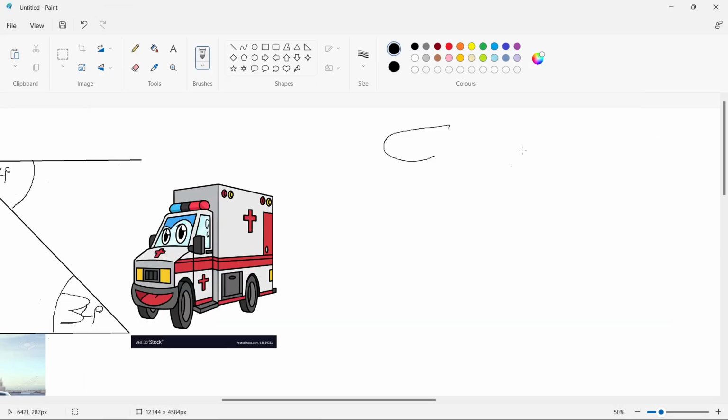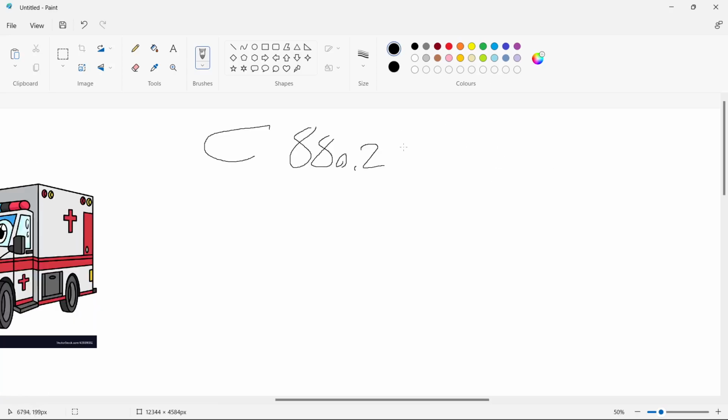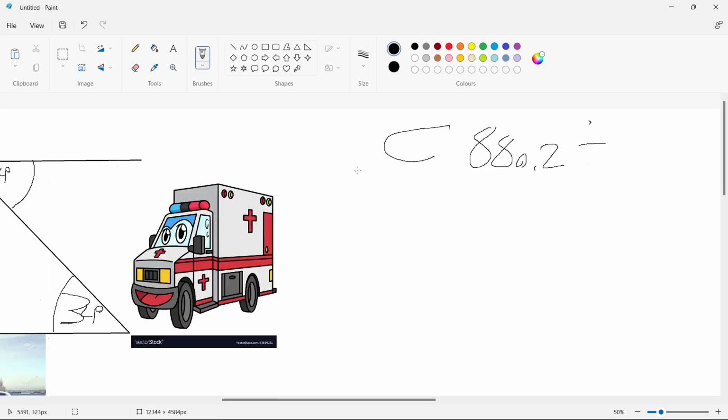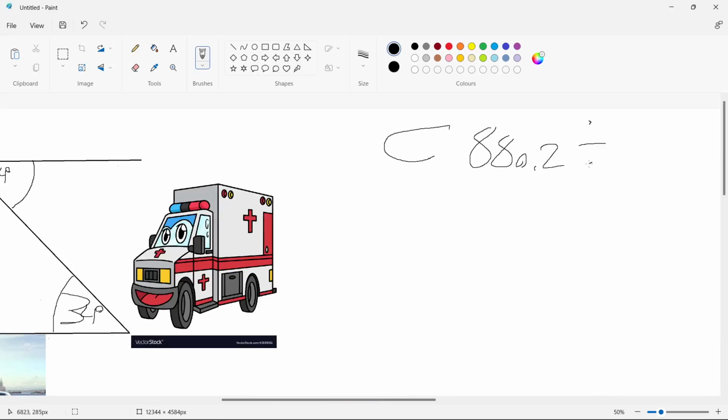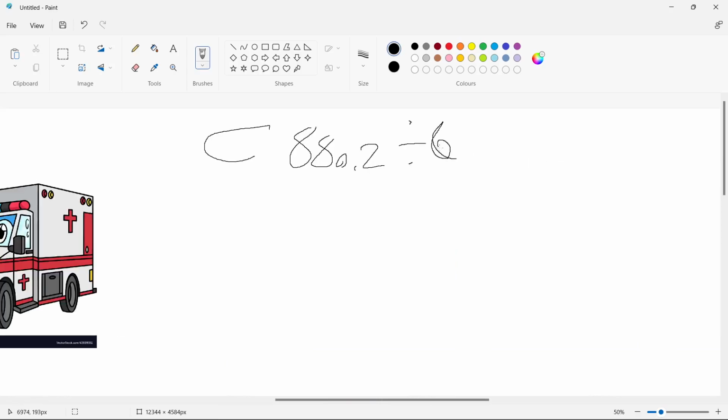Now that we know 880.2 is how far the ambulance is from the car crash, all we really have to do is divide this by 60, which will equal 14.64.